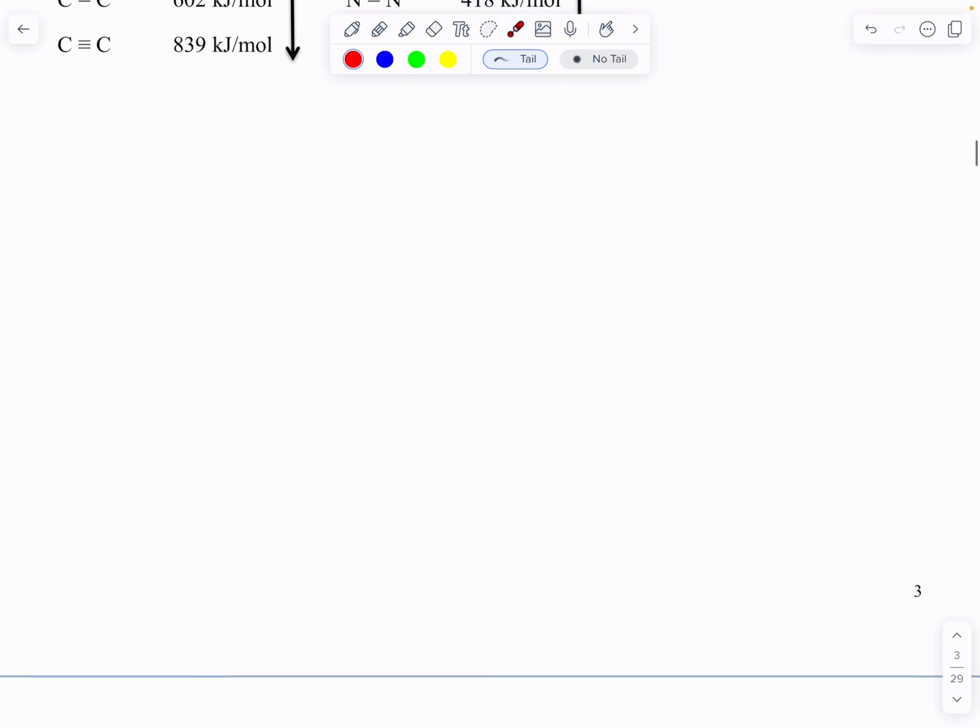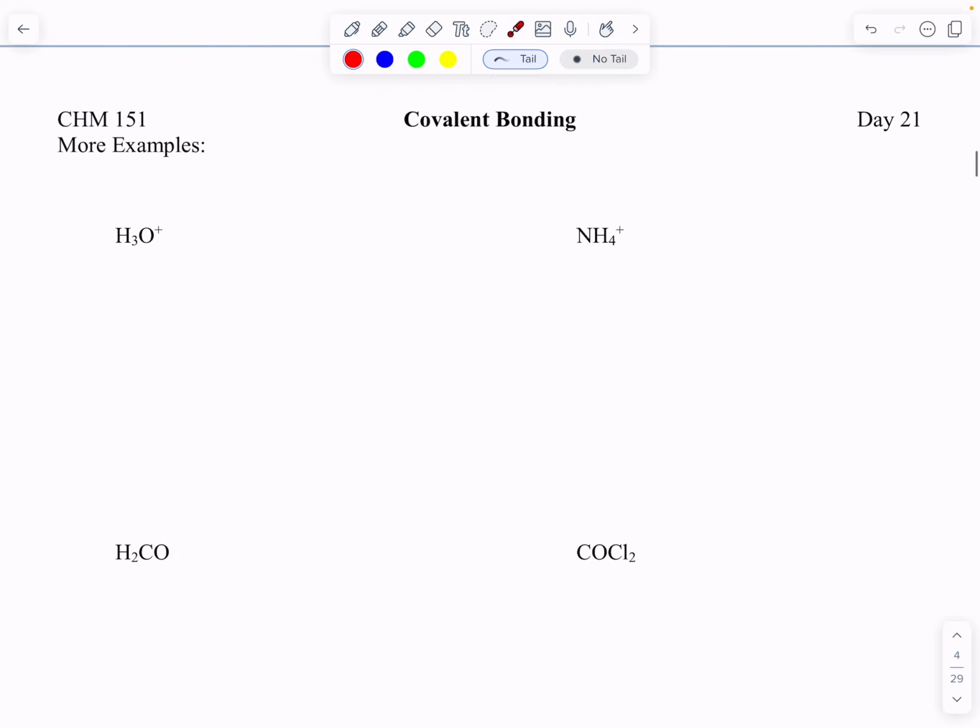We'll transition back to more examples of bonding, drawing Lewis structures, because we've got lots of practice with this. This is very important. Now, the first two we have are ions. They're both cations. So what happens to the valence electron count? Because if you remember, we're going to have to count the valence electrons. H has how many valence electrons? 1.